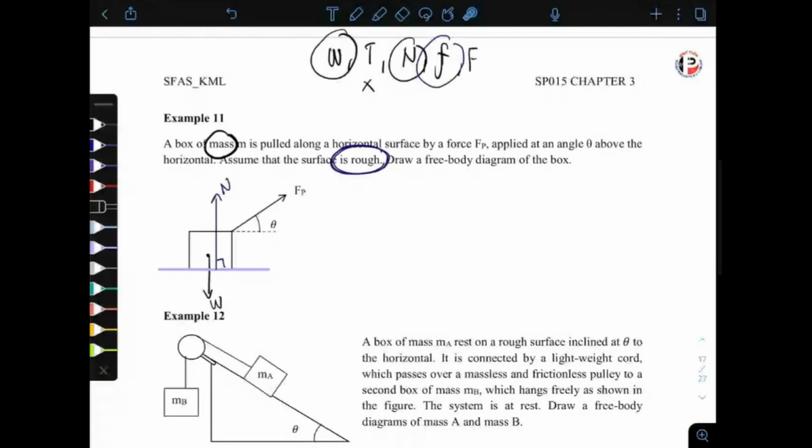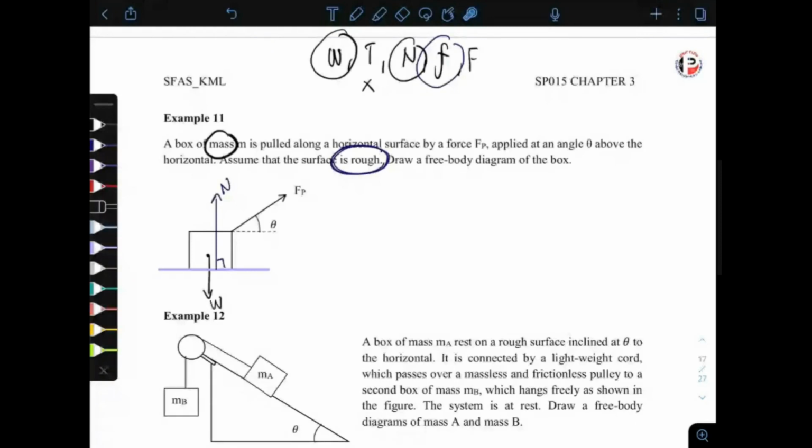Maksudnya dia ada possibility untuk objek itu bergerak. Dia bergerak atau tidak bergantung kepada betapa kuat awak nak tarik objek tu. If you apply enough force, katakan Fp kamu ini cukup besar, maka objek kamu boleh bergerak. Tapi kalau force kamu tak cukup, objek tidak akan bergerak.